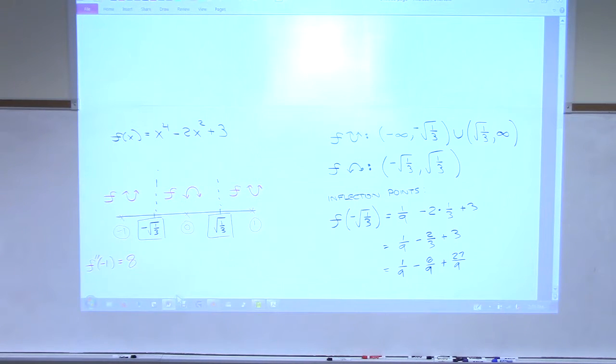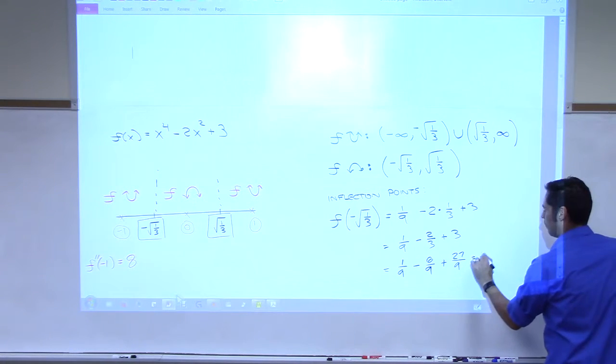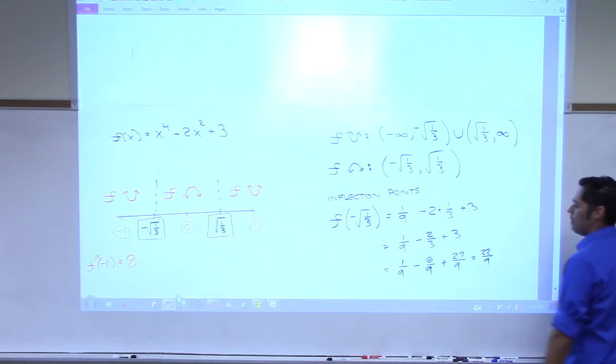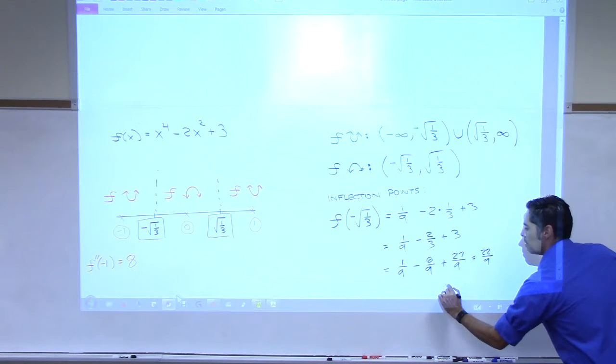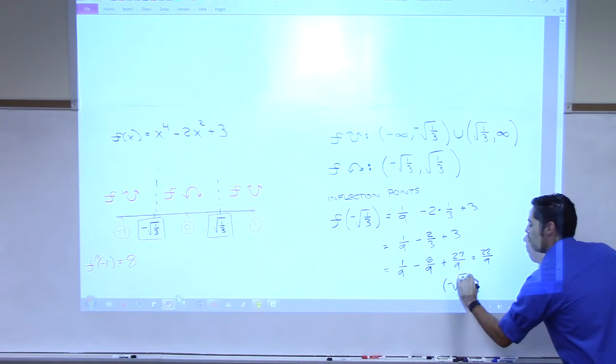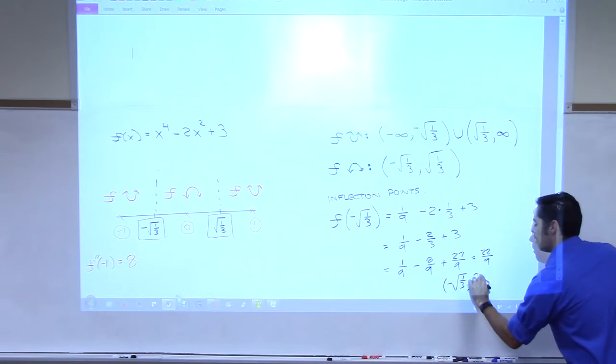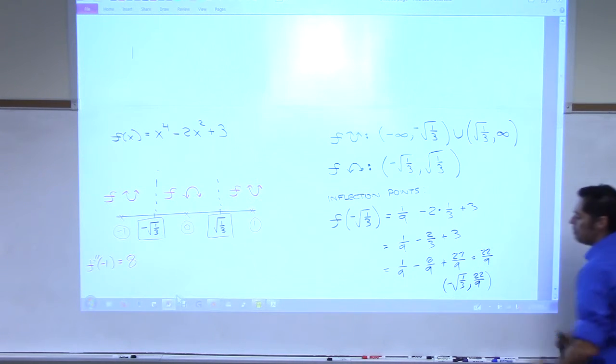So 22/9. 22/9 is where that's happening. I could write this as a point, couldn't I? This would be the point negative root 1/3 and then 22/9. That would be one inflection point.